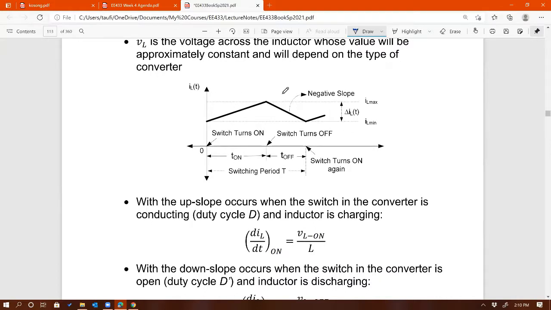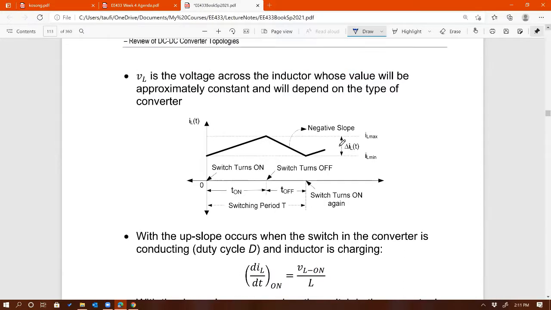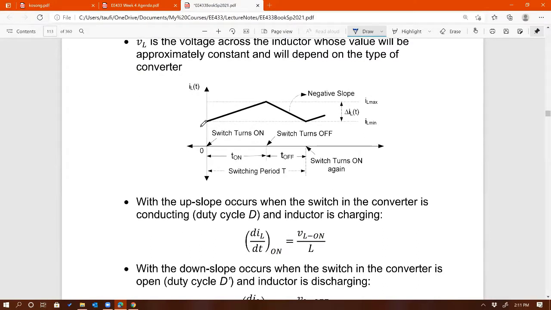So that's the charging portion, and that's the discharging portion. The charging portion happens when the switch turns on. Anytime the switch turns on, the inductor charges, and when we turn off the switch, the inductor discharges. In general, when the switch is on, the supply voltage is connected to the load, so the source delivers power to the load.